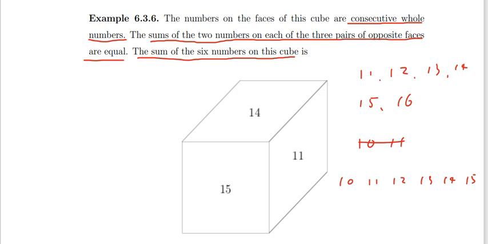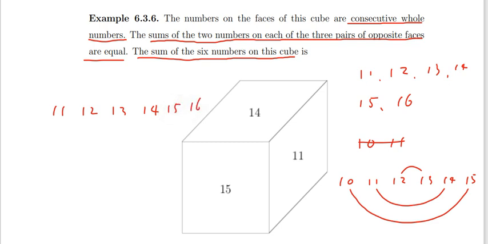The pairs would be this plus this, this plus this, this plus this. If the numbers are 11, 12, 13, 14, 15, 16, then 11 goes to 16, 12 goes to 15, 13 goes to 14.